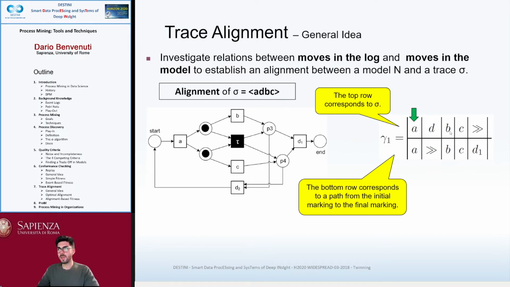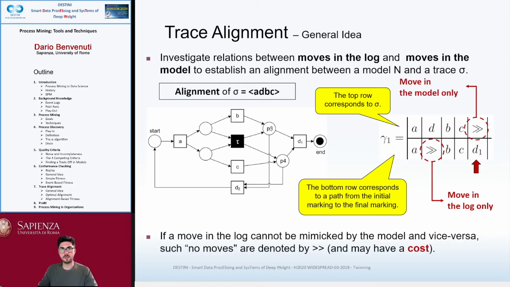In the log, then we have D and B. But unfortunately, here in the model, there is no D. So we cannot reproduce it, and hence we place here this symbol that represents a no activity move, and we go back to B, which is an activity that can be performed in the model, C, that can be performed, and in the end there is no other trace in the log, but there is indeed an activity that can be performed in the model.